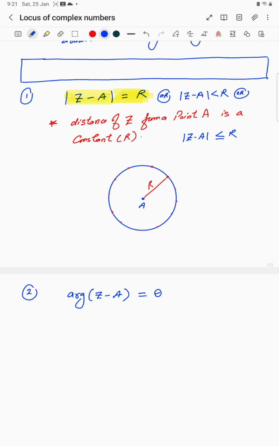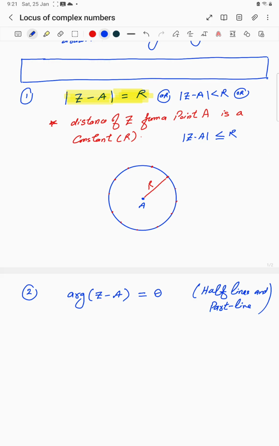So you need to draw a half line. We call this the half line rule. We name this half line, and the first one is a circle.